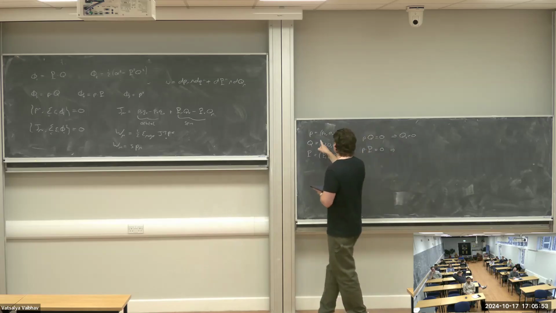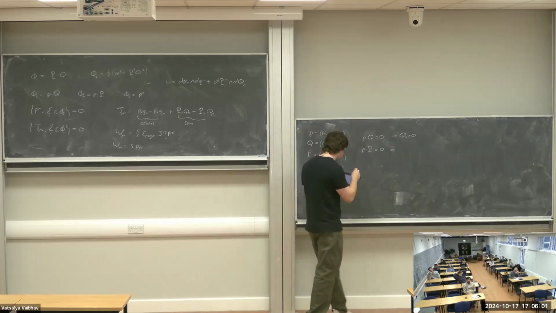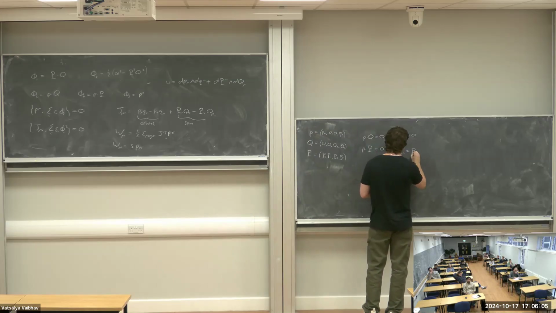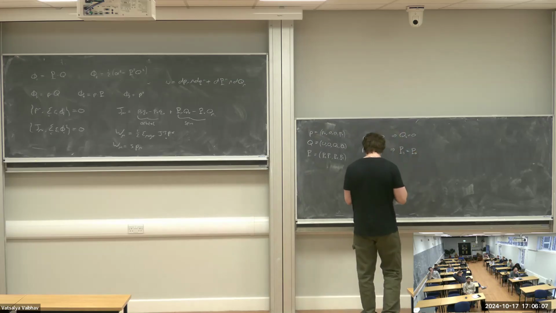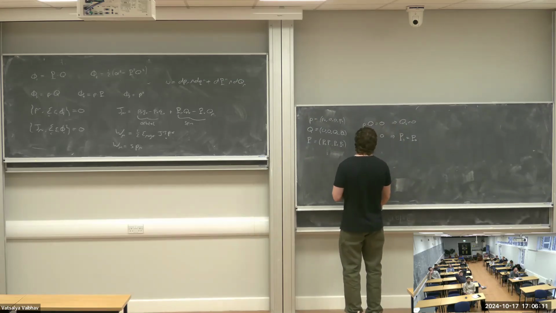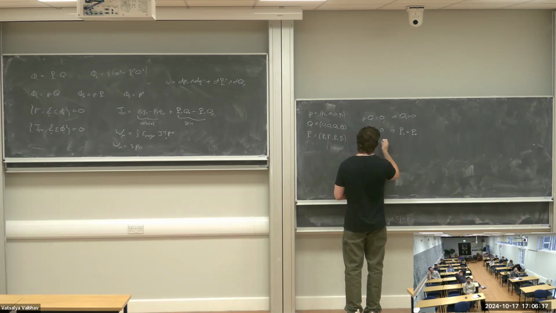So if I dot this with this, it tells me that big P3 must be equal to big P0. And the last constraint is that Q squared, P squared must be equal to S squared.